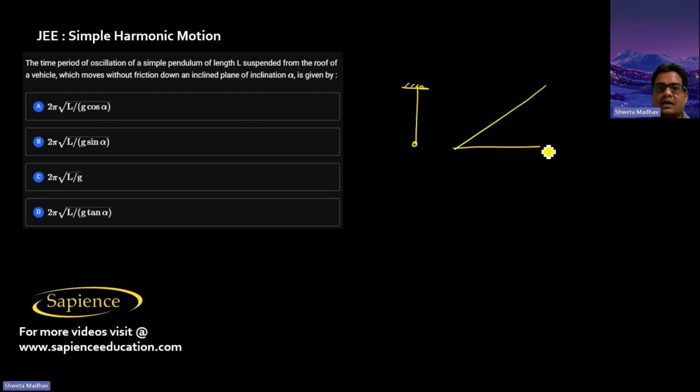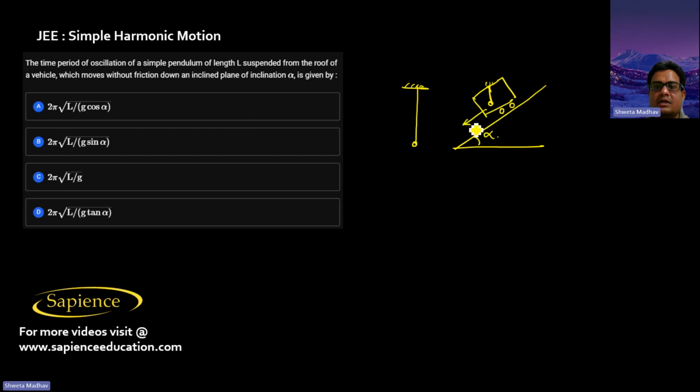So the car or the vehicle is moving down the inclined plane, and one simple pendulum is attached to the roof. So it moves on an inclined plane of inclination alpha.